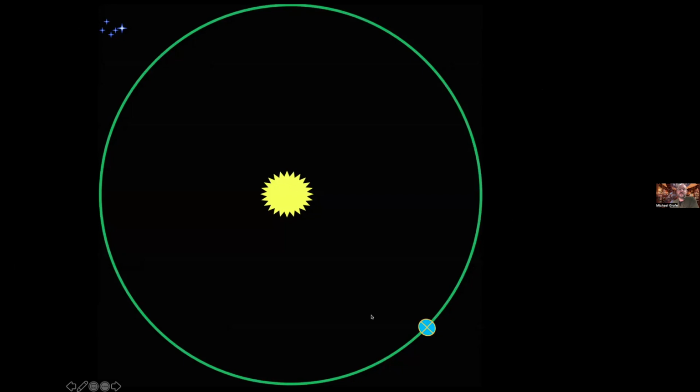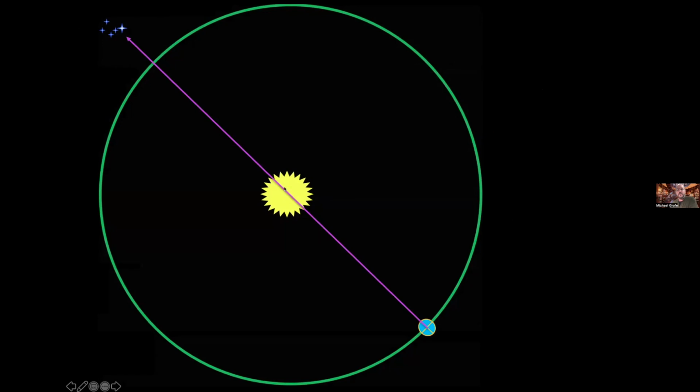The Earth's orbit actually isn't a perfect circle around the sun, as Isaac Newton illustrated. But in this case, the Earth is here represented by this blue circle, the sun in the middle, and we'll look at the way in which we can observe from the point of view on the Earth when the sun moves in front or appears to move in front of an asterism.